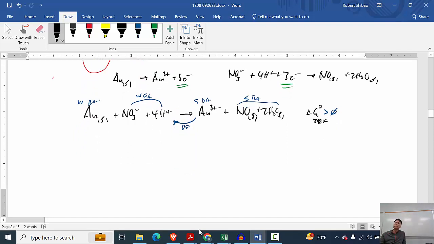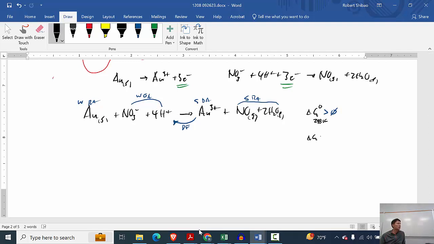We could try boosting the, what can we do next? This is under standard conditions. We could try boosting the concentration. So rather than using 1 molar nitric acid, why not try 16 molar? 16 is the most.